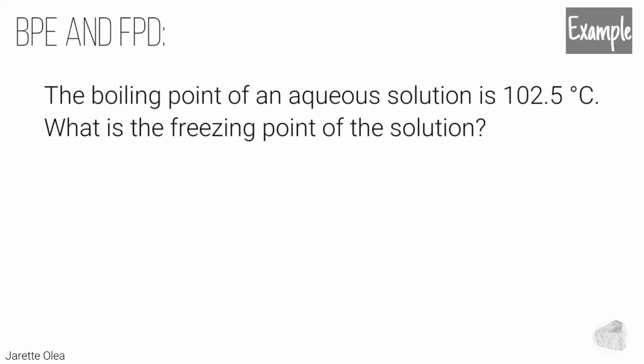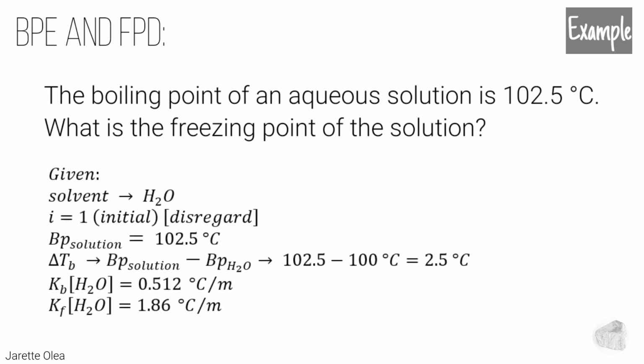Moving on with our given, we have the solvent as water, the initial dissociation factor to be 1, and the boiling point of that given aqueous solution to be 102.5 degrees Celsius. We can already find out its boiling point elevation as we subtract the actual boiling point of water at 100 degrees Celsius from the boiling point of the aqueous solution.